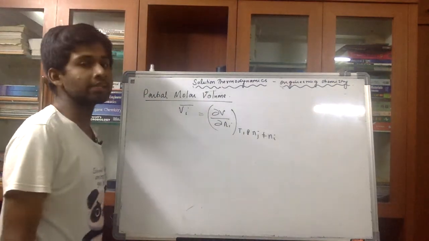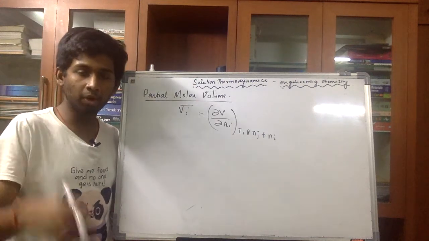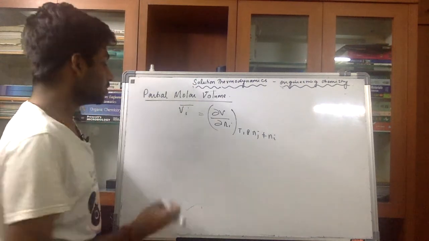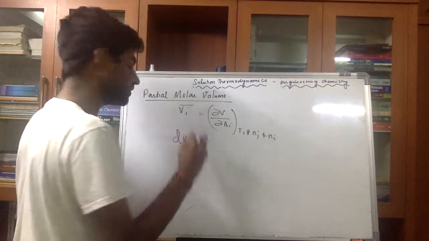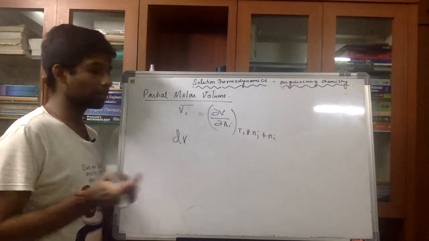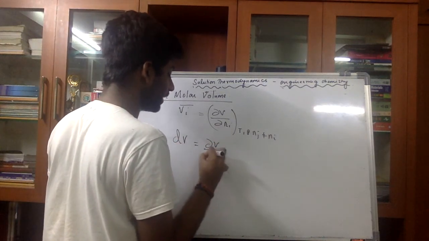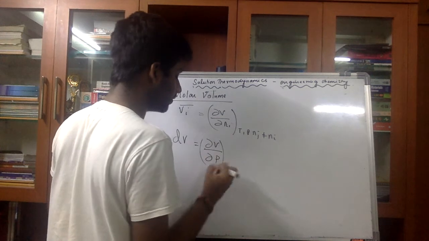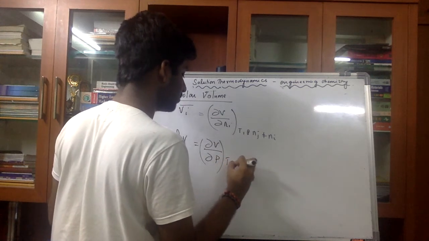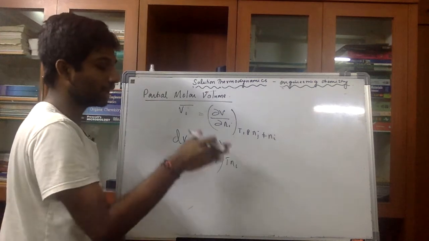The next thing is to write the same equation in the fundamental property equation way. What does the fundamental property equation say? In the first video we spoke about that. The actual change in a molar property is equal to the partial derivative with respect to every component, so with respect to pressure, temperature and number of moles. Please keep it as Ni itself.